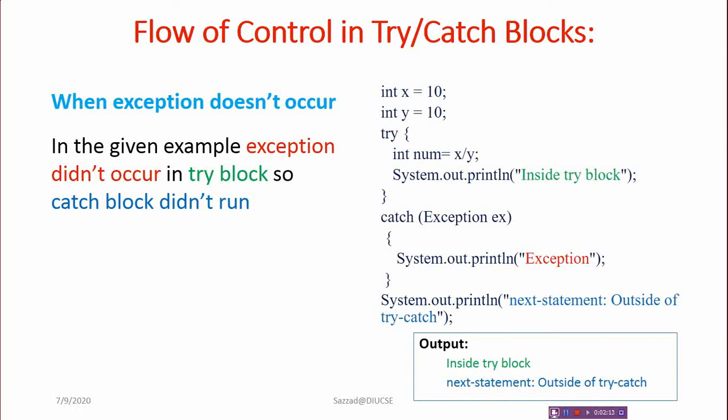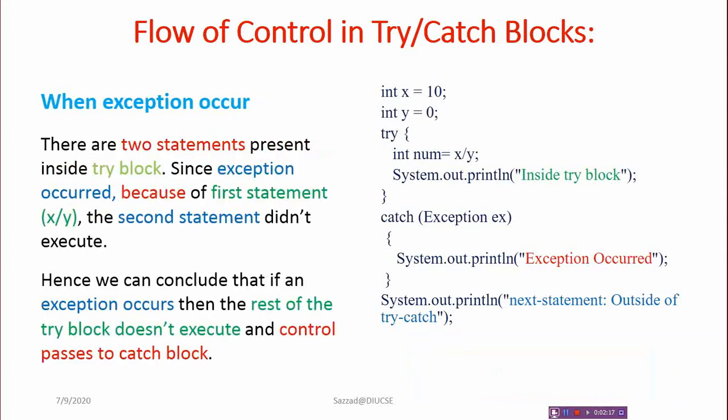Now let us see an example where an exception will happen. Similar to the previous example, but you can see the value of the y variable is now 0. That means we are trying to divide a value by 0.